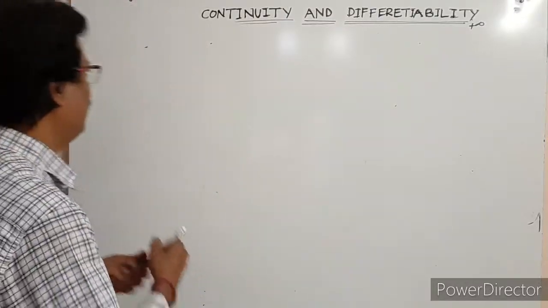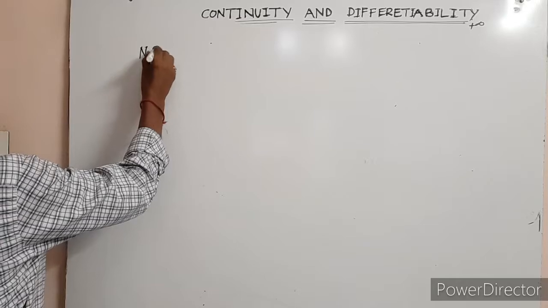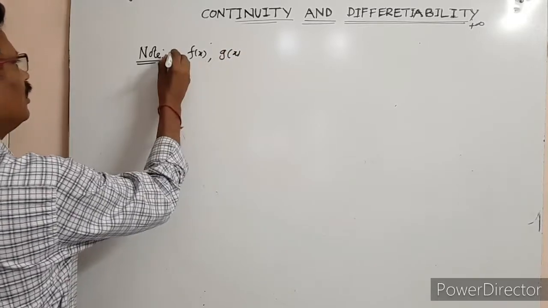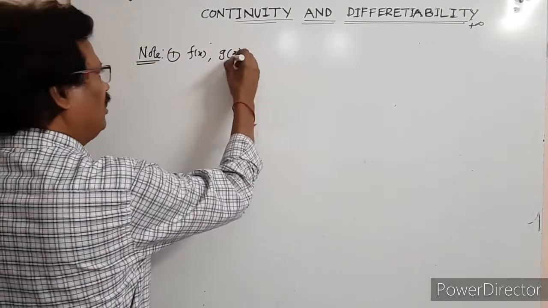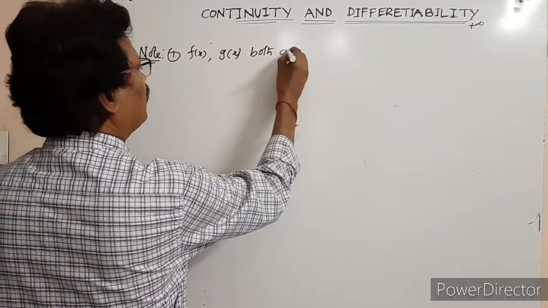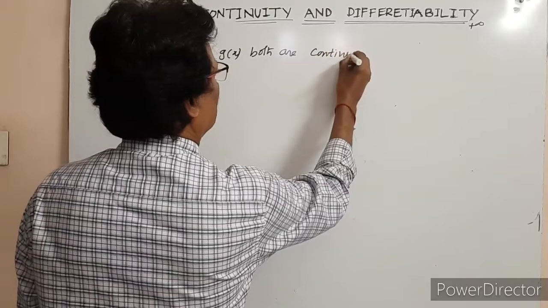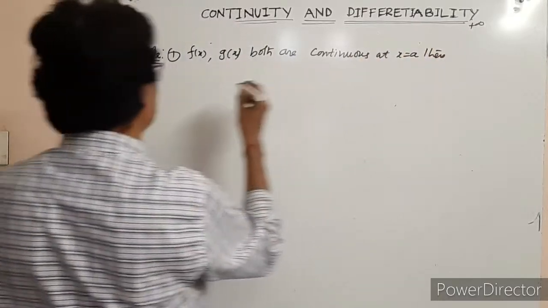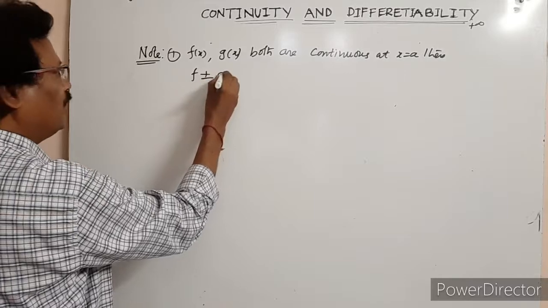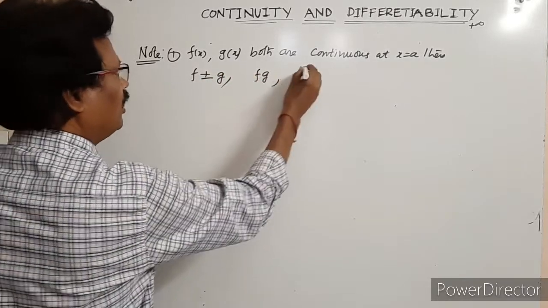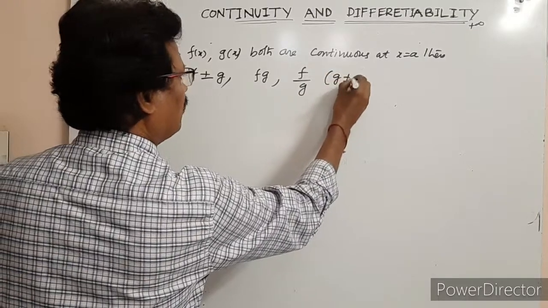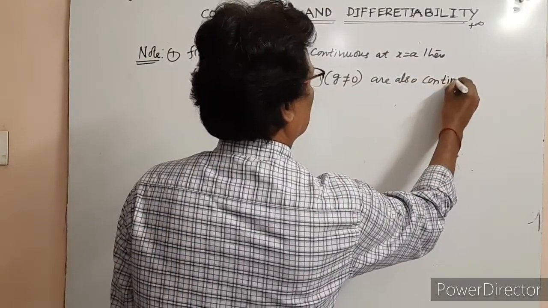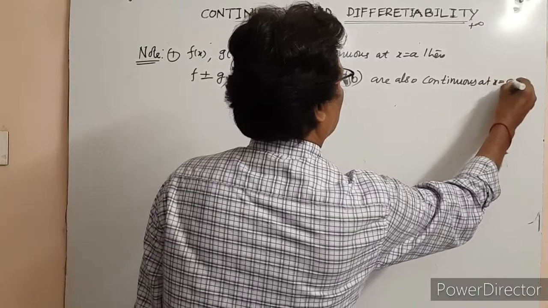Next let us see the note here. Now f and g, f(x) and g(x): if both are continuous at x equal to a, then f plus or minus g, and f into g, and f by g where g is not equal to 0, are also continuous at x equal to a.